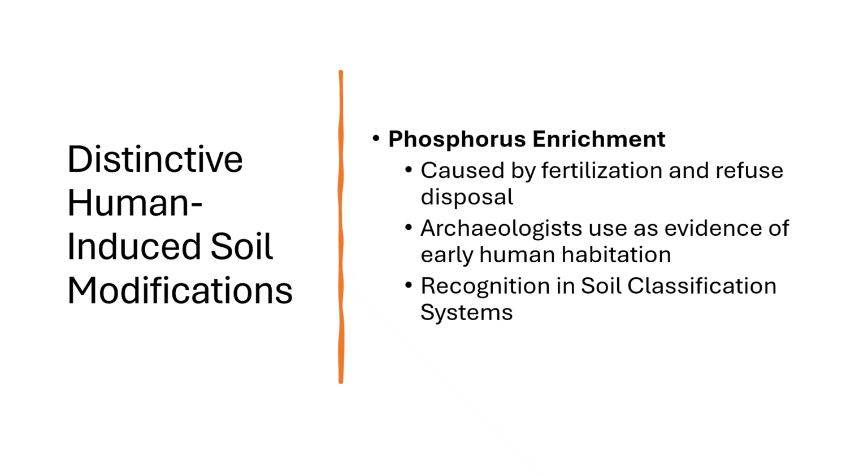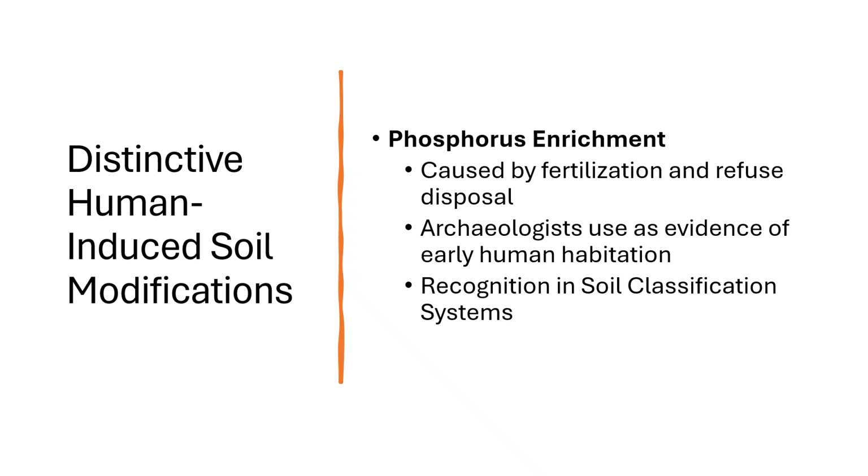This effect is so distinctive and long-lasting that it leaves a unique chemical signature in the soil. In fact, archaeologists frequently use it as compelling evidence of early human habitation. Can you believe that?